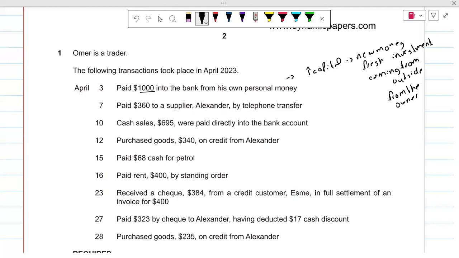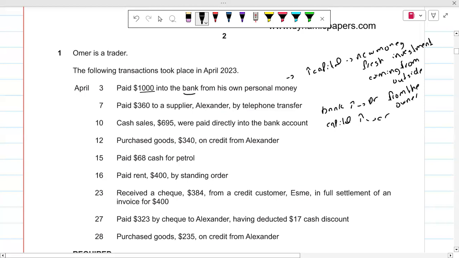it is increasing the bank balance. So here the bank is increasing and capital is also increasing. The nature of capital is credit, and the nature of bank is debit, because this is our asset. That's why we will record this entry on the debit side of the cash book.